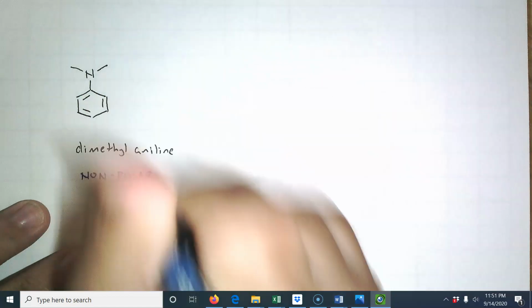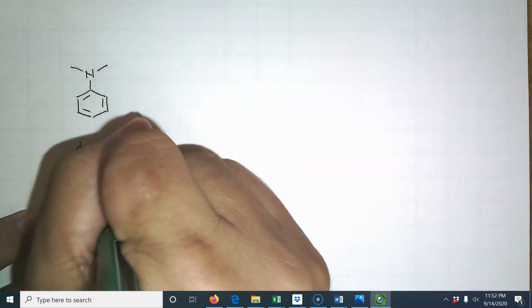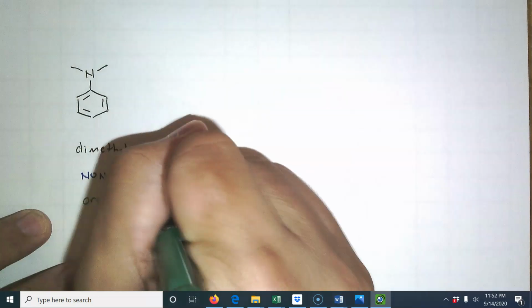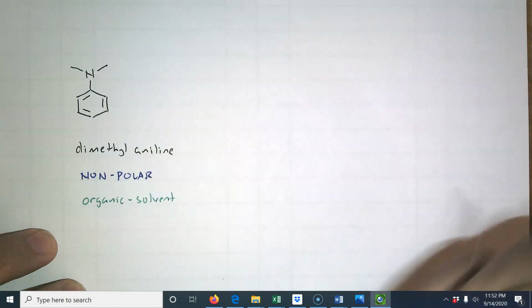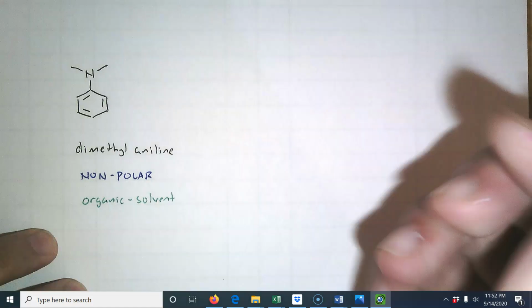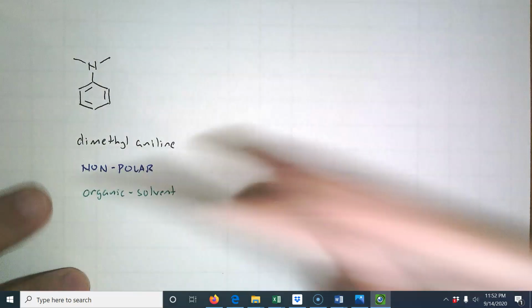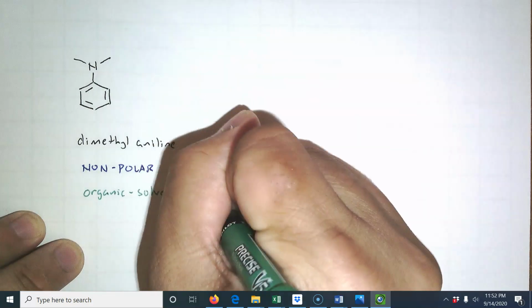And what kind of solvent does it dissolve in? Organic solvent. Hexanes, chloroform, which is CHCl3. Acetone will dissolve this. Organic solvent, soluble.